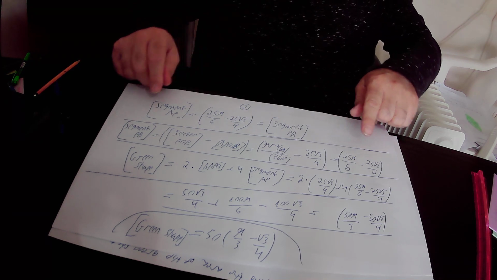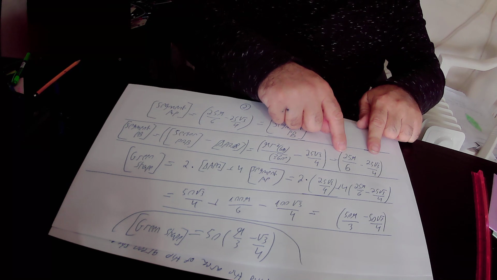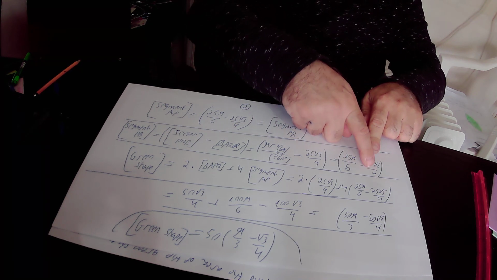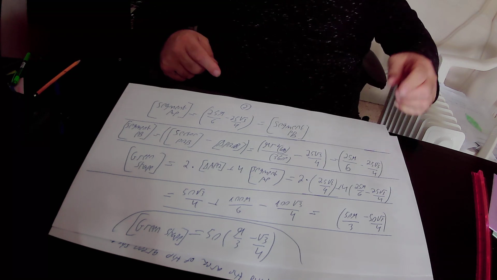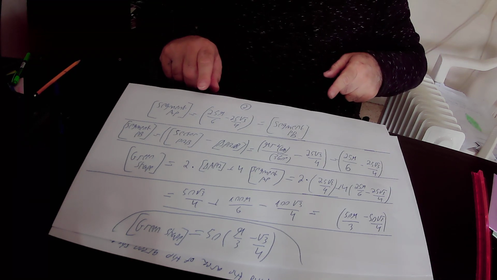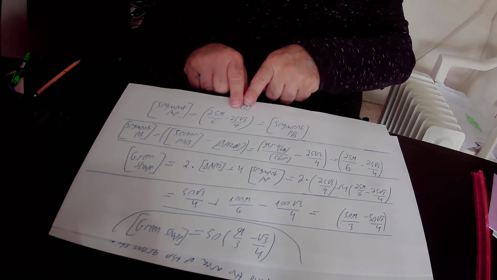So we found that the area of segment PB equals 25 pi over 6 minus 25 times root of 3 over 4. That is to say, the area of segment AP is equal to the area of segment PB.